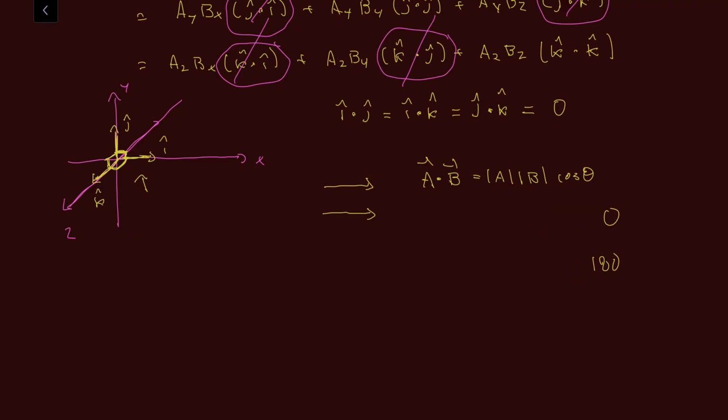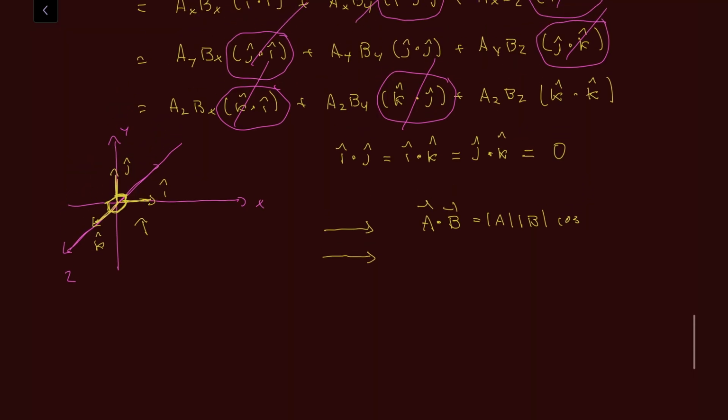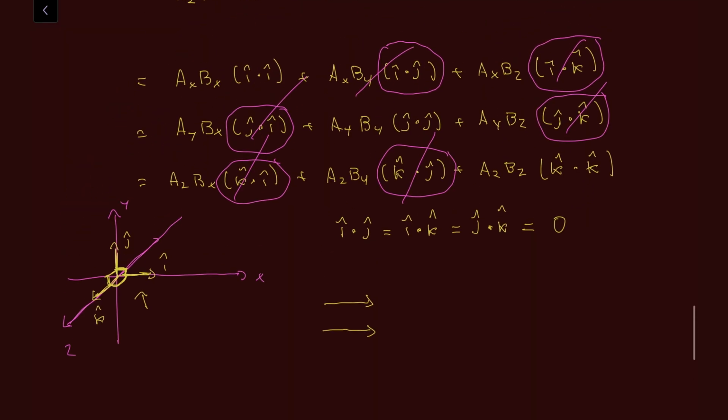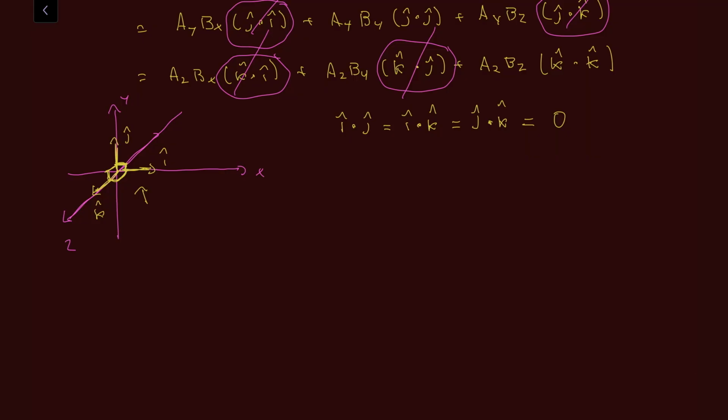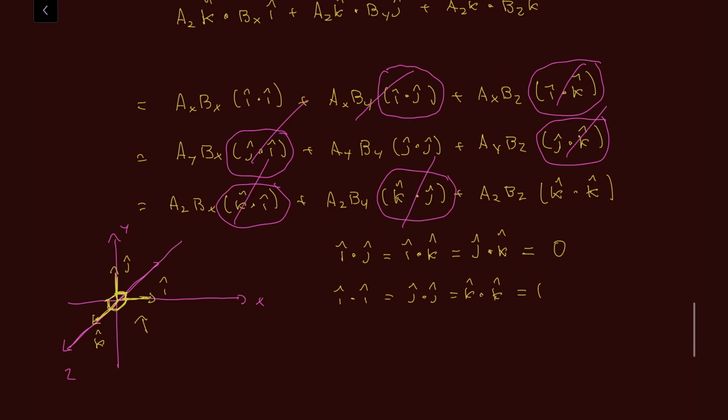In that scenario, cosine of 0 or cosine of 180 is equal to 1 or negative 1. But in this case, it's equal to 1 because our unit vectors are all positive and neither of them are in the opposite direction. So what this tells us is that i hat dot i hat is equal to j hat dot j hat is equal to k hat dot k hat, which is equal to 1. Okay. So this becomes 1, this becomes 1, this becomes 1.